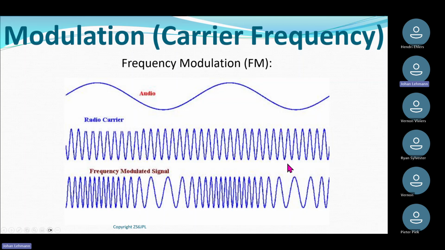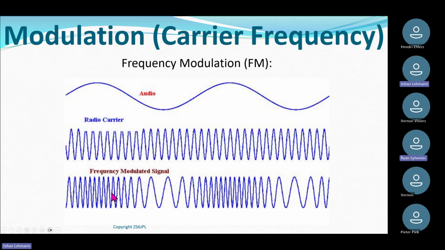Now we go to the next one, and we're going to manipulate the frequency of my carrier. So again, I've got my carrier frequency, and I've got an audio signal that I want to encode or impose or transfer to my carrier frequency. So what I do is I change the frequency of my carrier proportional to my modulation frequency. So if you look carefully, you'll see here when my audio signal has reached a peak, the frequency is sitting at its highest.